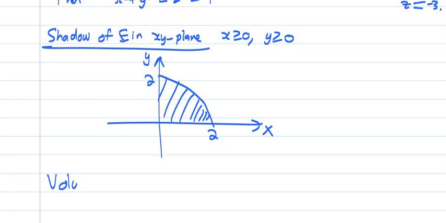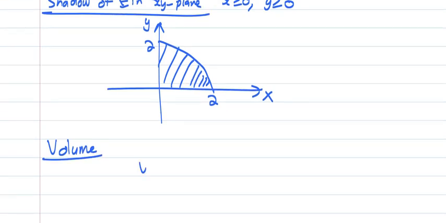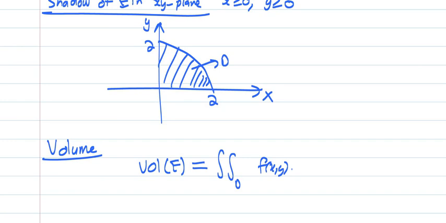So the volume. In chapter 5, we saw that the formula for the volume is the following. It's a double integral over, let's call this region D, of the top function minus the bottom function dA.